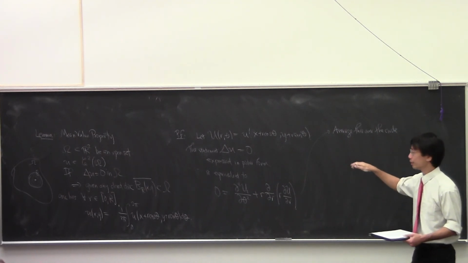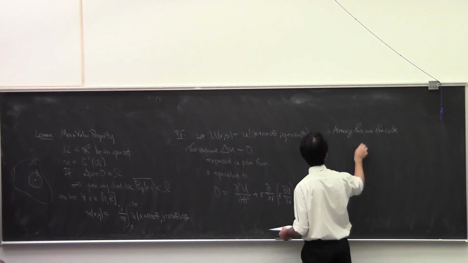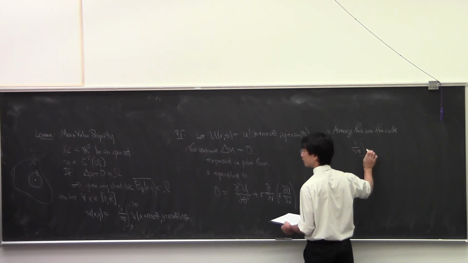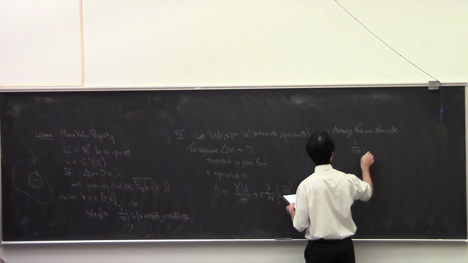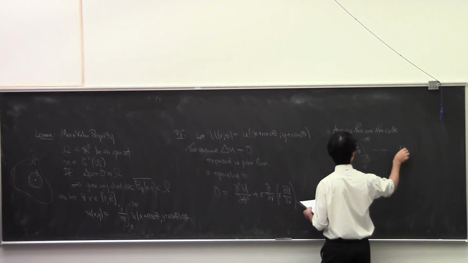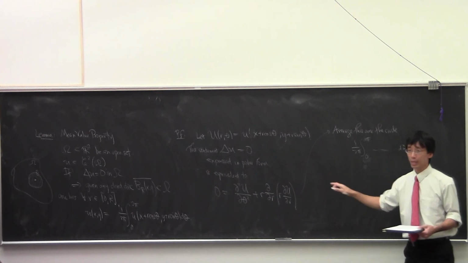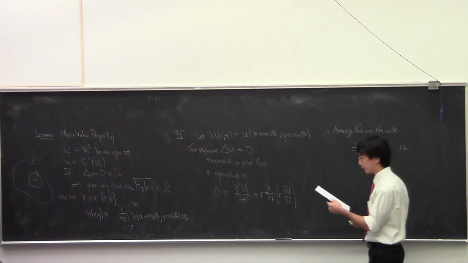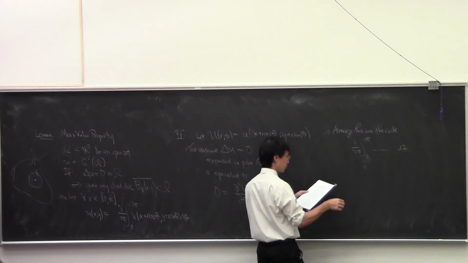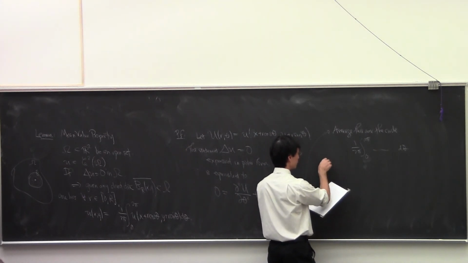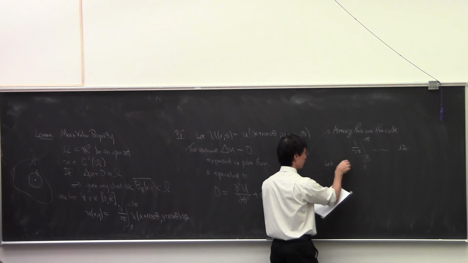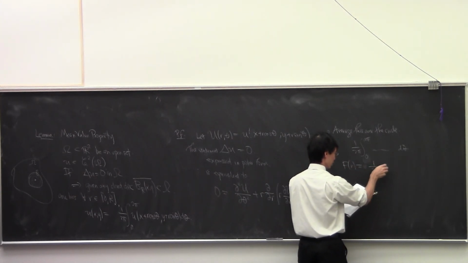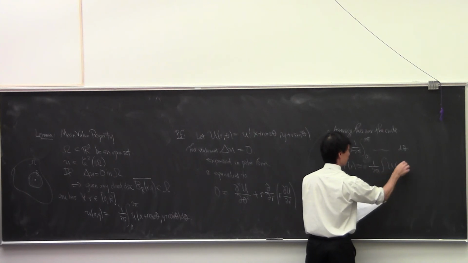saying you integrate it, right? You take the whole thing, you integrate both sides, divide by 2 pi. Okay. And then let f of r denote the average of u over the circle.